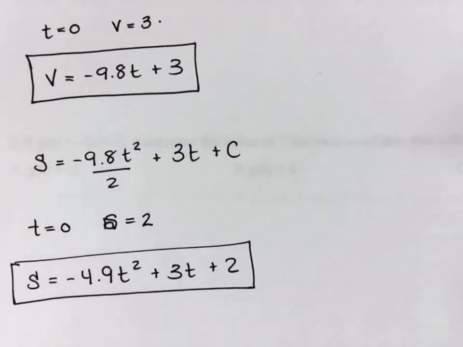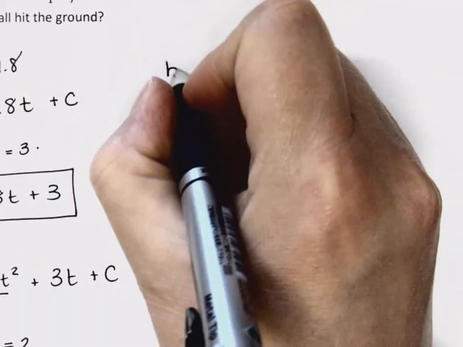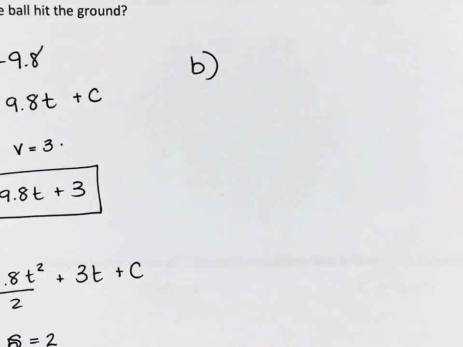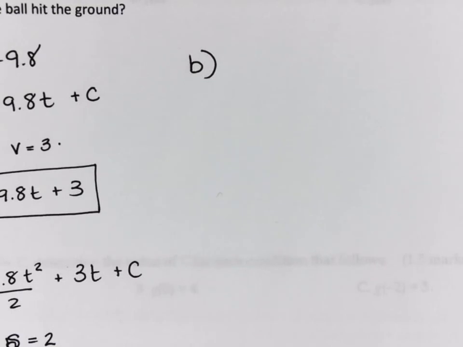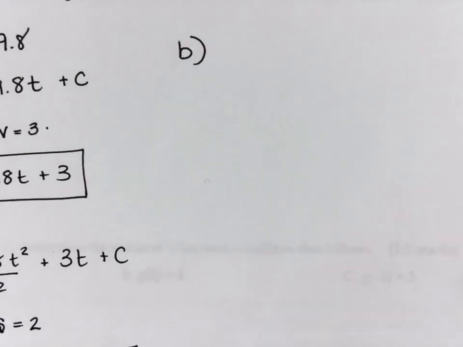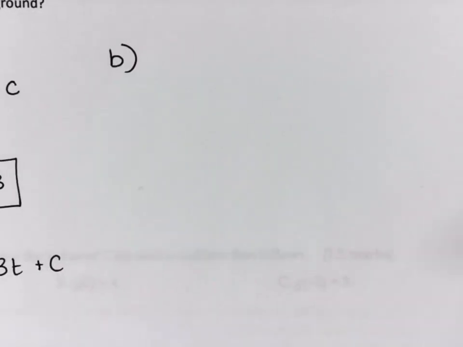So when we are doing part B, you might get a question that only says part B. And you would have to know to go back, get to your displacement, and then use your grade 11 tools to answer the question. Because now that we have a parabola, that's just grade 11 stuff again.